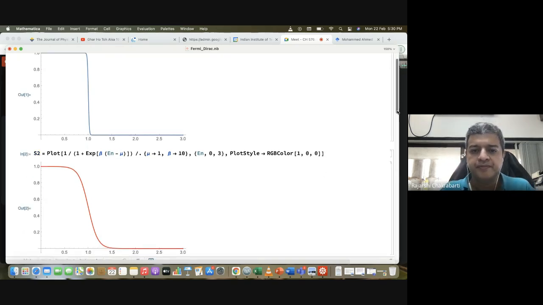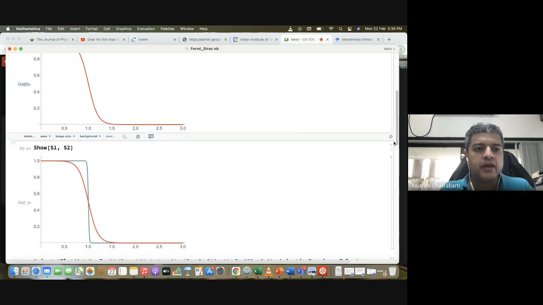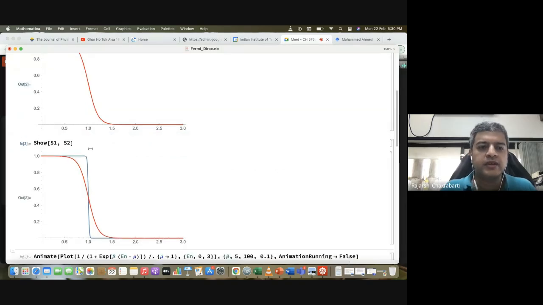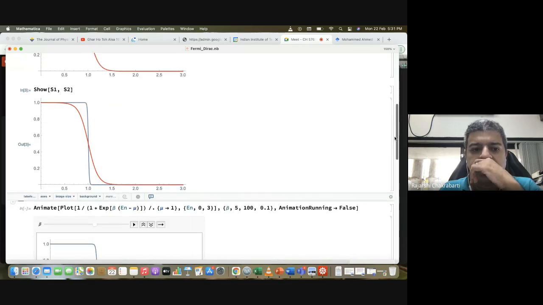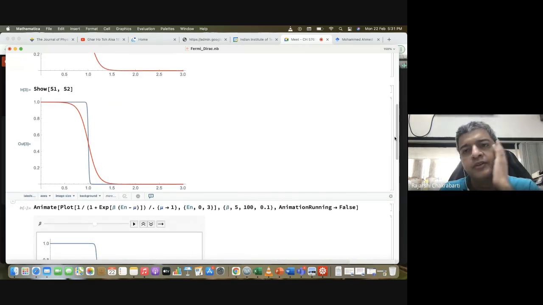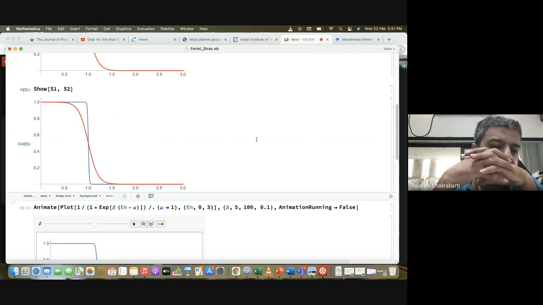If I plot these two together, which one is higher temperature? The red one is higher.